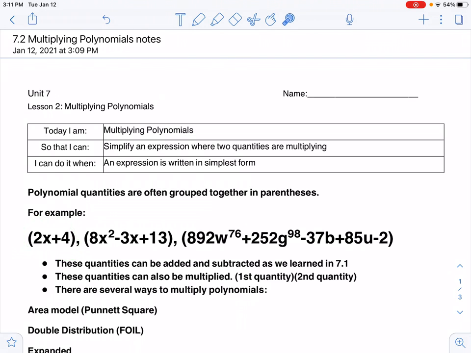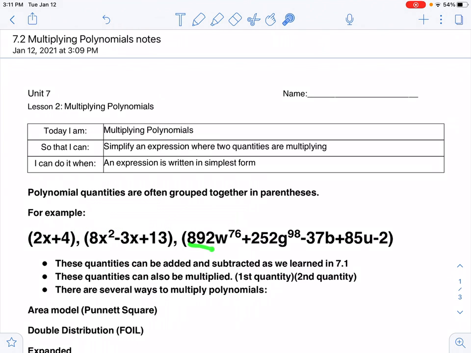A trinomial has three terms. So we have 8x to the second power, we have negative 3x, and we have positive 13. So that is a trinomial. There are three terms. And then here we have just a polynomial, where anything larger than three terms, we just say poly, which means many.